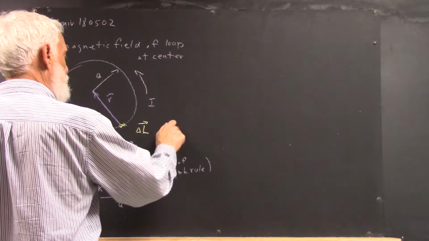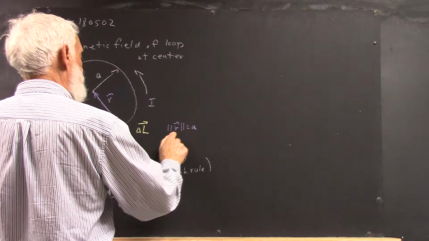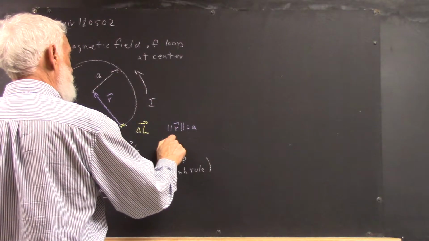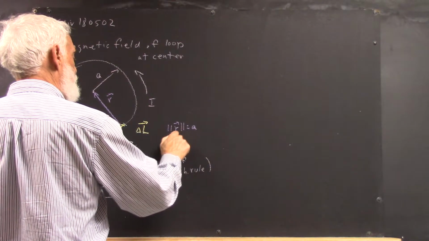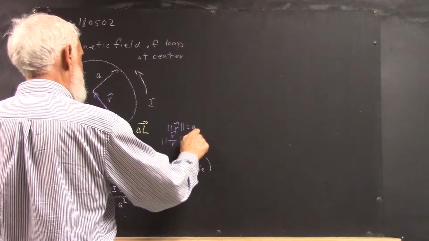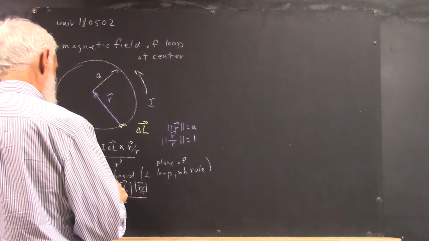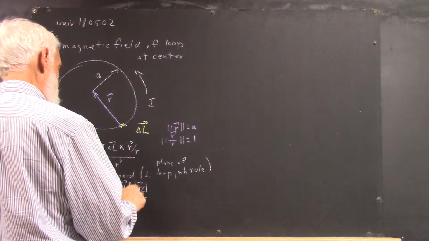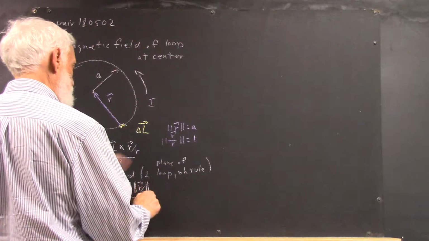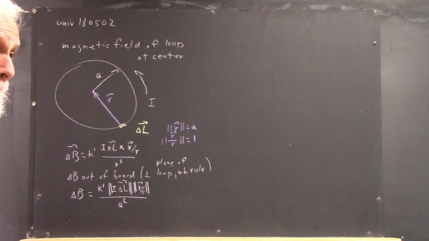So we can make the note that the magnitude of R equals A, and also the magnitude of R over R is 1. I'm being a little inconsistent. I'm using double absolute value signs for magnitudes here, single here, so I'll do the doubles here, right?